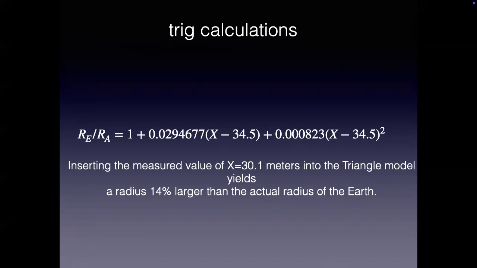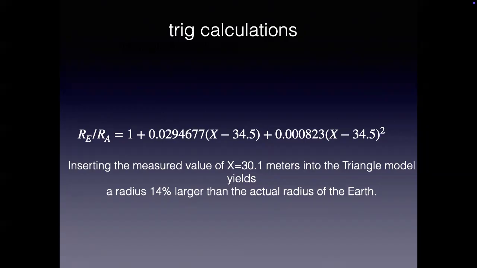Well, you can solve those triangles and then come out with a ratio to the accepted radius of the Earth. It's the USGS radius of the Earth, which is going to be, our goal is 1. Our goal is to get as close as we can to the USGS radius of the Earth.